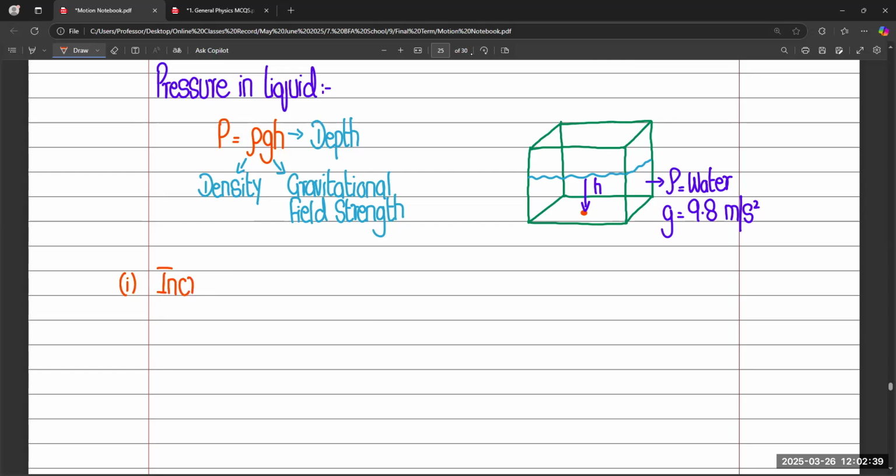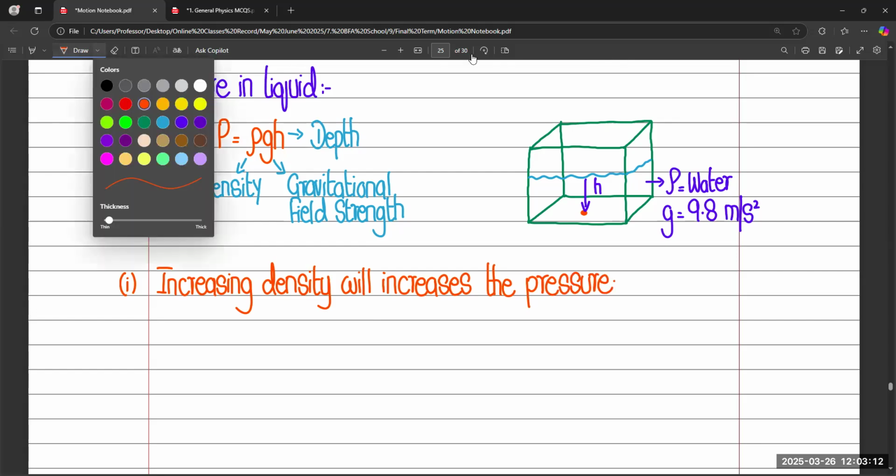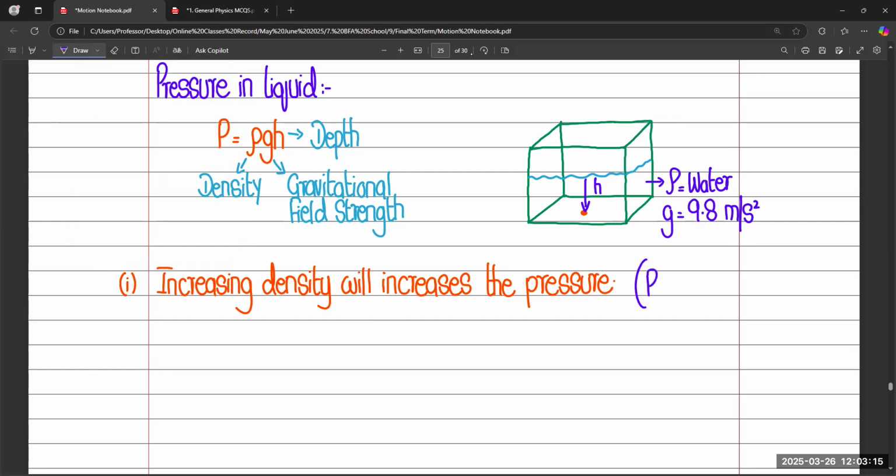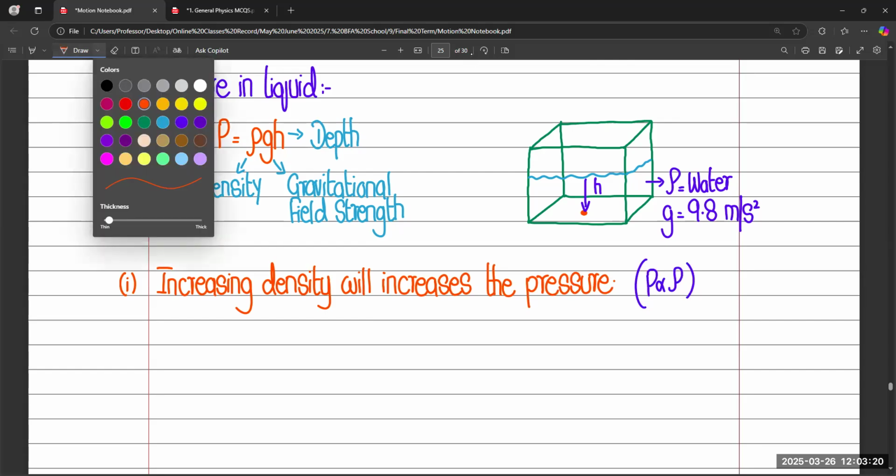Increasing density increases the pressure because it is directly proportional to density. So if we increase the density, pressure also increases.